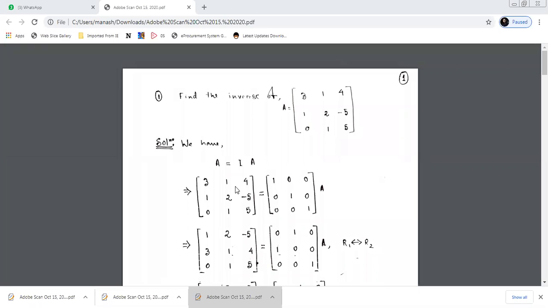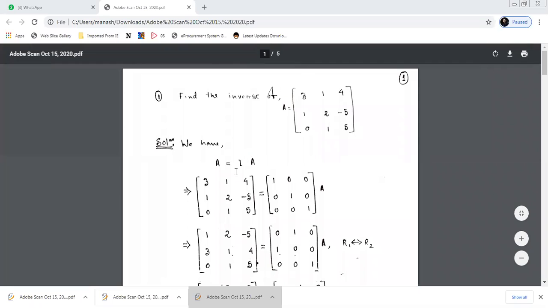For doing that, at first our aim is to make the first row, first column element 1. Okay.